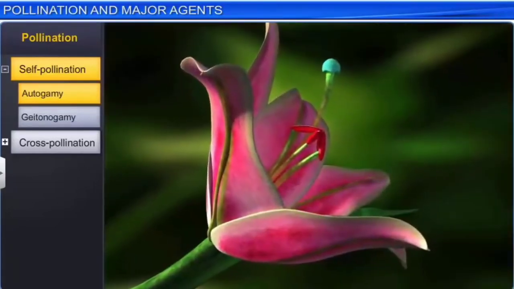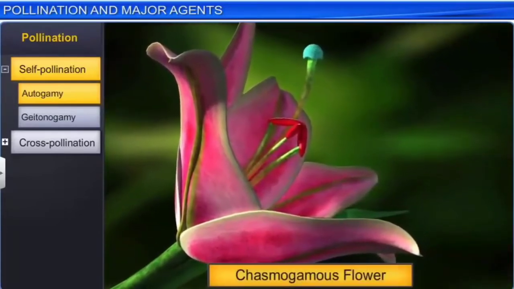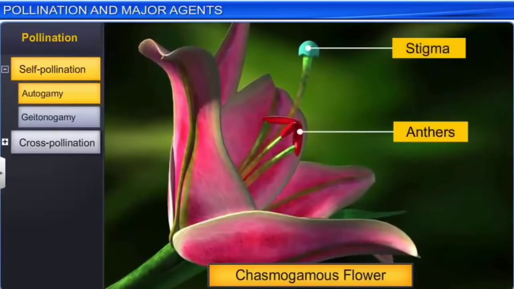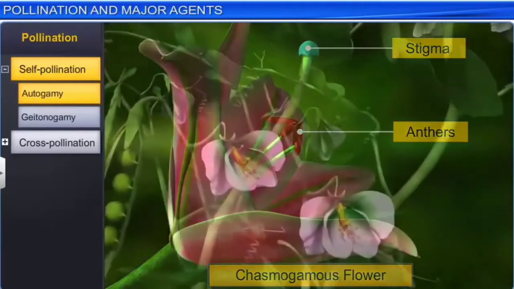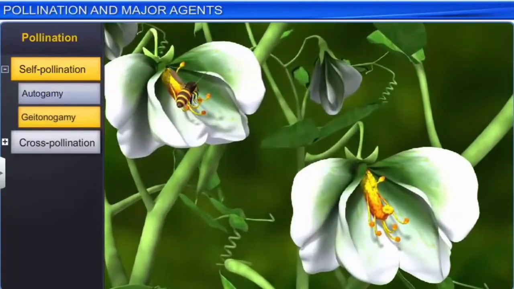Orthogamy, however, is rare in chasmogamous flowers, which open and expose their anthers and stigma, as it requires synchrony between pollen release and stigma receptivity. In geitonogamy, the second type of self-pollination, pollen is transferred from the anther of one flower to the stigma of another flower of the same plant.